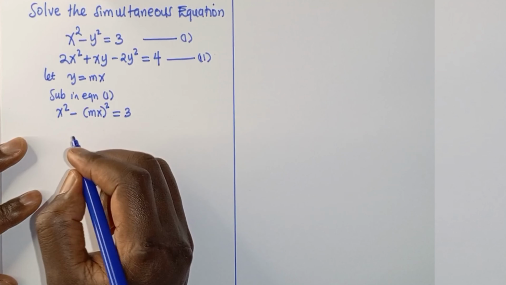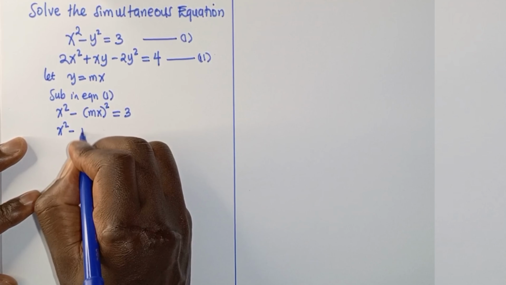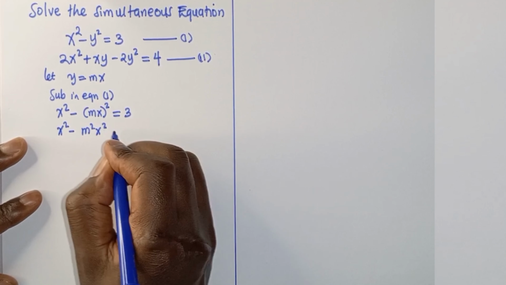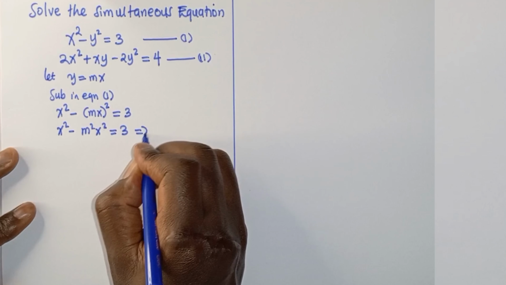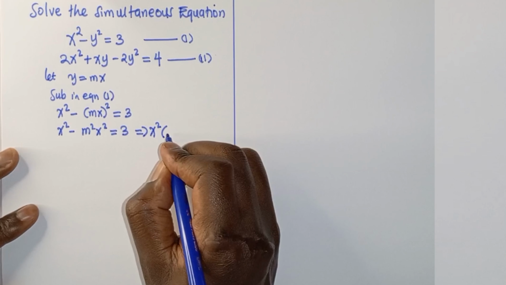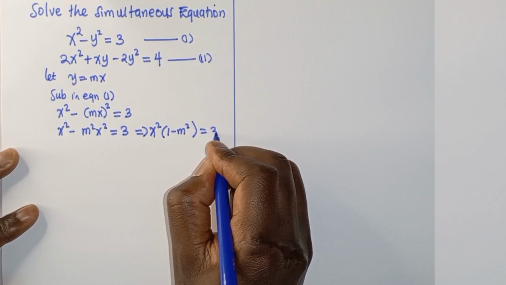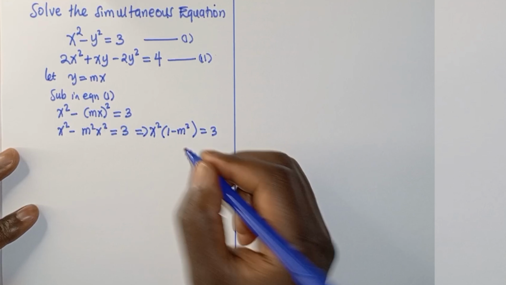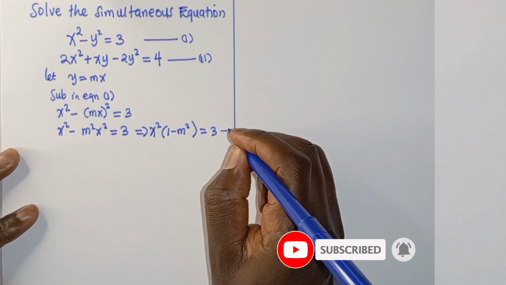So expanding and simplifying, we have x square minus m square x square is equal to 3. So we can go ahead and pull out x square. So we have x square into 1 minus m square is equal to 3. We can call that equation 3.